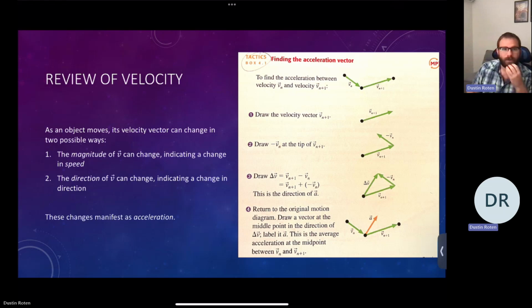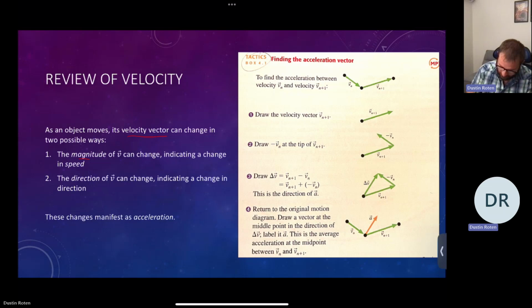All right, so let's quickly review velocity and graphically calculating velocity. As an object moves, its velocity vector, remember that velocity is a vector, can change in two ways. You can have a change in magnitude, so that's a change in speed, speeding up, slowing down.